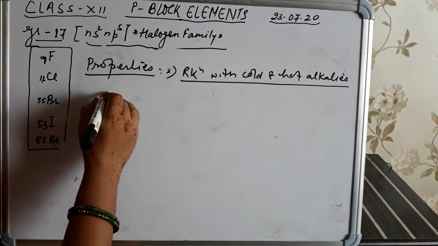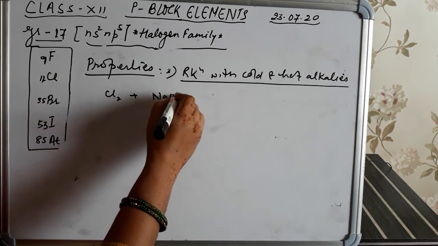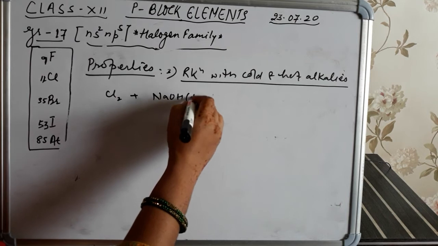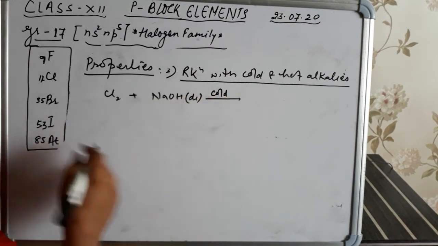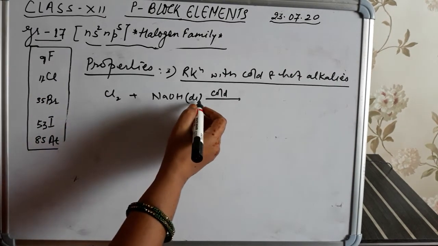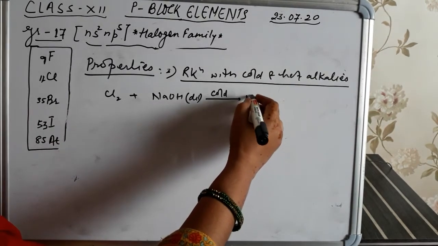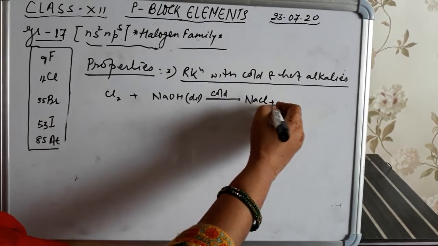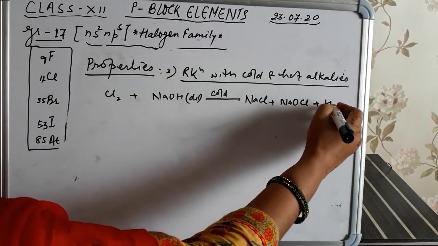So students, chlorine is treated with sodium hydroxide, and at first we write down the reaction with a dilute and cold alkali. So the formation of NaCl, NaOCl and H2O takes place.